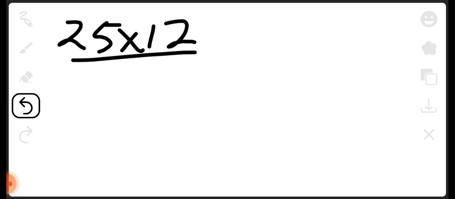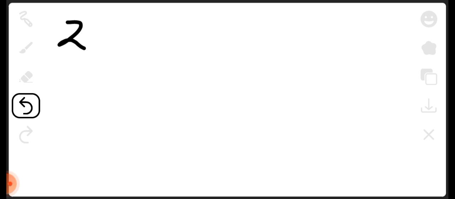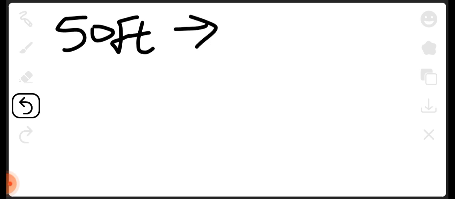If you want to move from foot to meters now, multiply the value by 25 times 12 and divide the answer by 1000. That will move it from foot to meters. So if I ask you now, what is 50 feet in meters?